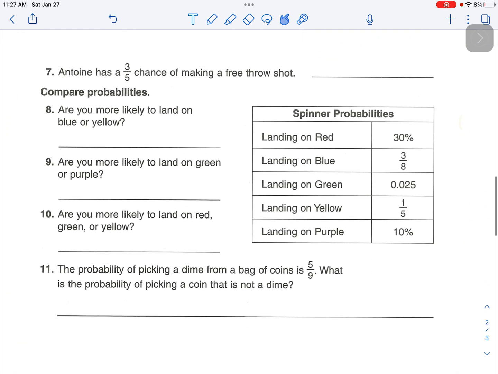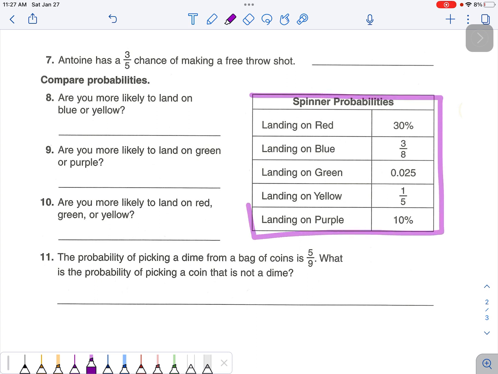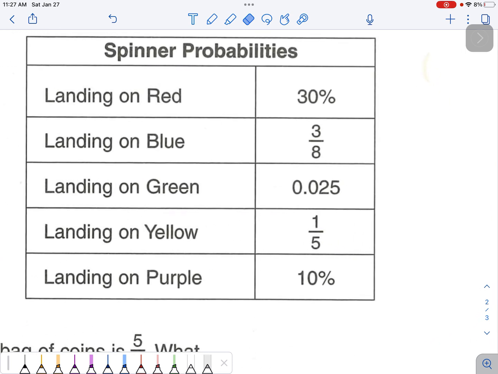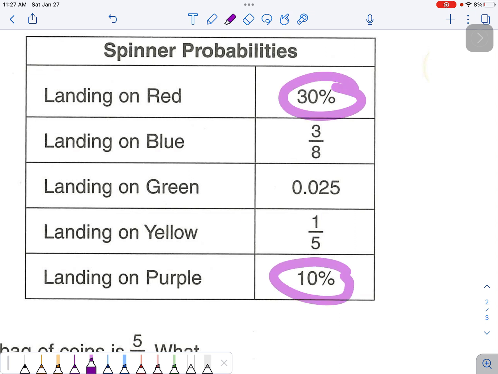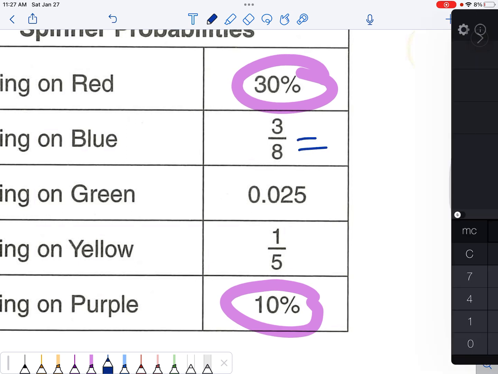And then that gets you to 8, 9, and 10. These ones are tricky. What you're going to notice is when you look at this table, they're not all set up the same. They're not all fractions. They're not all decimals. They're not all percents. I think it makes a lot of sense to change them into all the same thing, right? So let's do that. I think it's really easy when they look like percents, so I'm going to leave these alone. So now for 3/8, I'm going to make this be a percent.